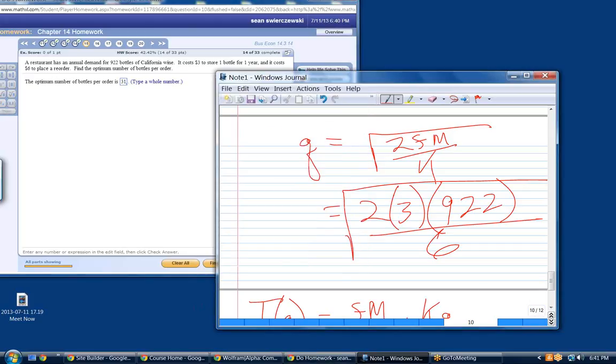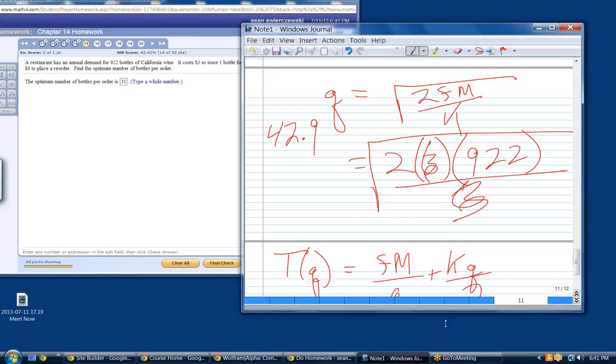In other words, put the 6 up here and the 3 down there. That would be the square root of 4 times 922. Uh, 42.9. So the whole number, I would just do 43.